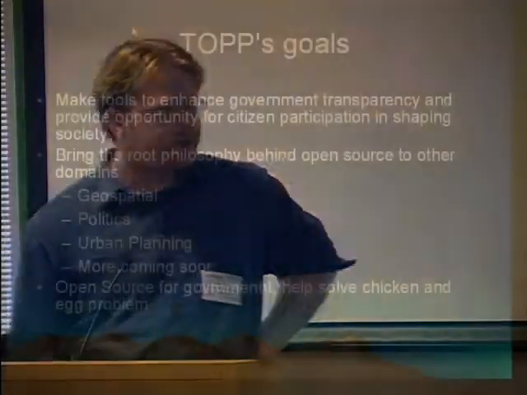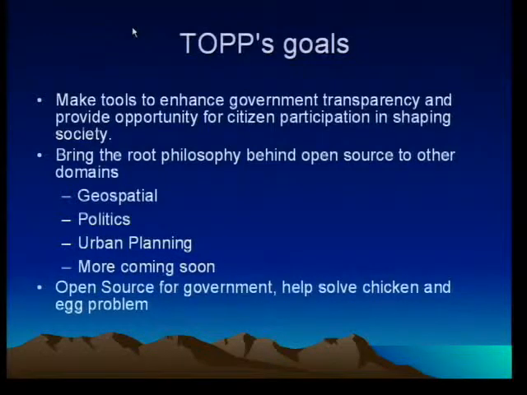And then if there is additional profit, we want to reinvest that from successful projects into starting even more cool, innovative stuff. And similar to Google, the philosophy is really to find and recruit really top people and just treat them super well and let them go. So our goals, we want to make tools to enhance government transparency and provide opportunity for citizen participation in shaping society.